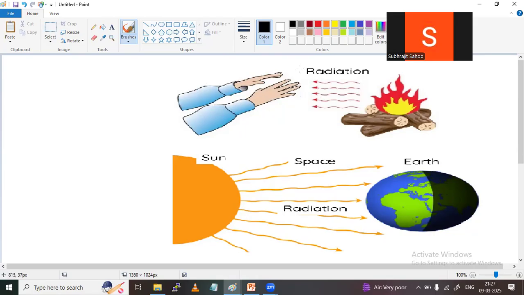Now in this image, the radiation mode of heat transfer is shown. This is also like the sun rays coming to the earth's surface. The hot waves are coming in the form of radiation.